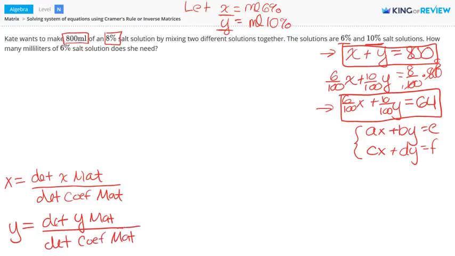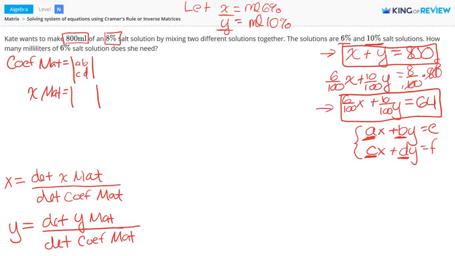So now let's set up our matrices. We'll have three of them. The first one is our coefficient matrix. The entries in this matrix are going to be the coefficients of our x and y terms. So A, B, C, D. Now the x matrix.